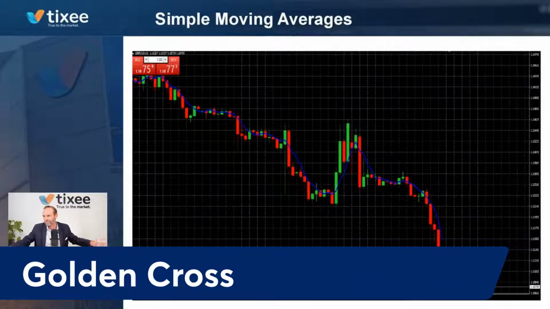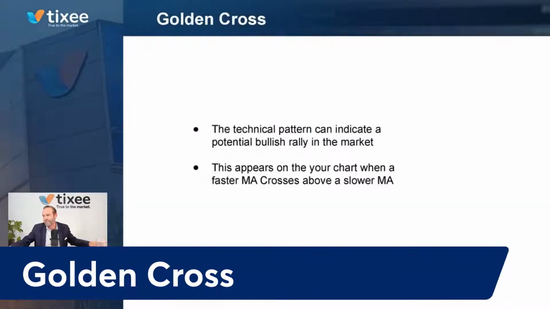One is called the golden cross. The golden cross is a technical pattern which can indicate a potential bullish rally in the market. It appears on your chart when a faster MA, or smaller MA, crosses above a slower MA.